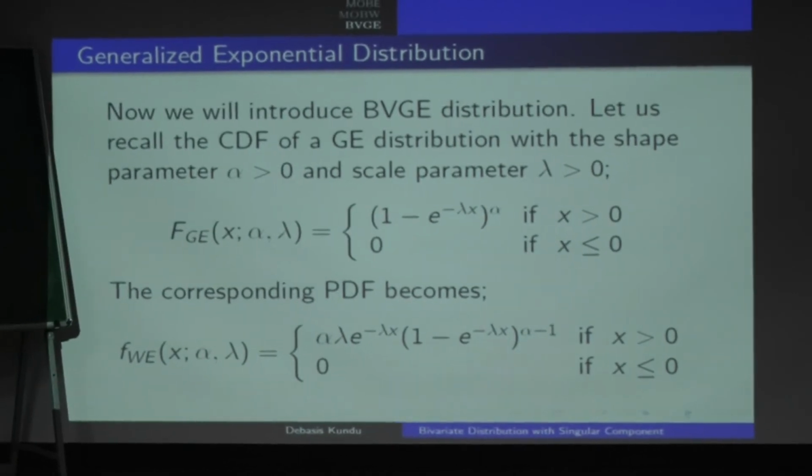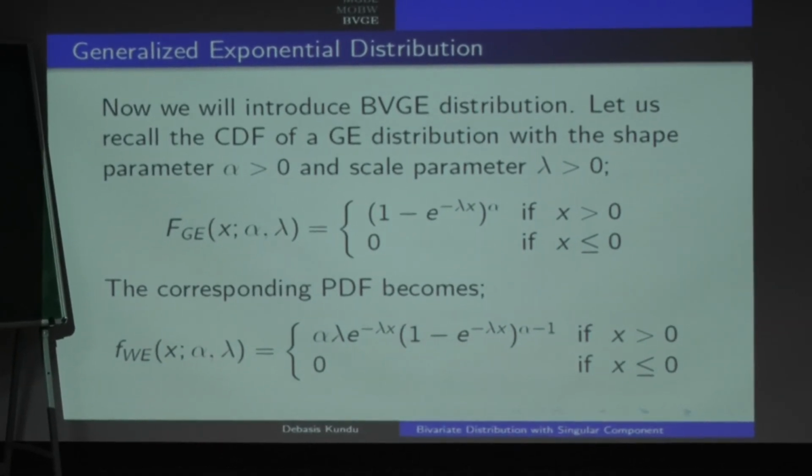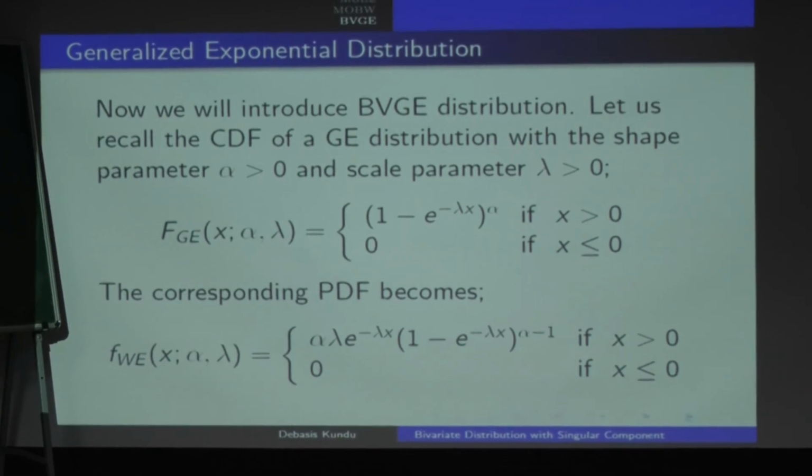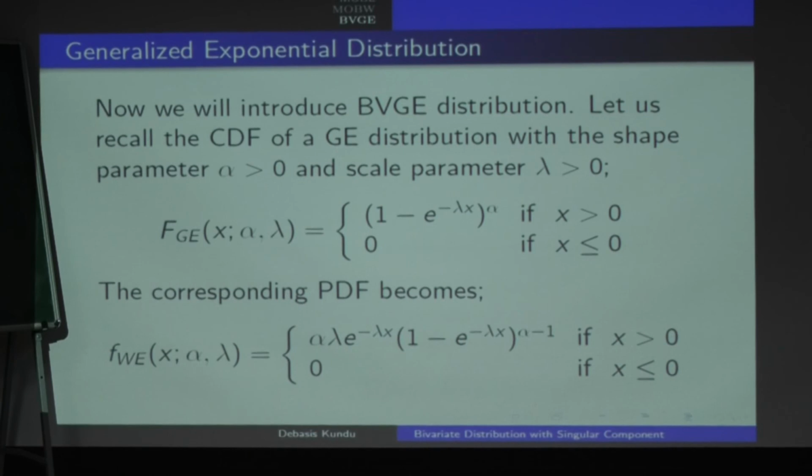It is also an extension of the exponential: if you put alpha equal to 1, it comes out as the exponential. If you take any other positive alpha, it is still a distribution function, but it is not exponential. From this distribution function you can easily obtain the probability density function, and lots of nice properties have been developed for it.